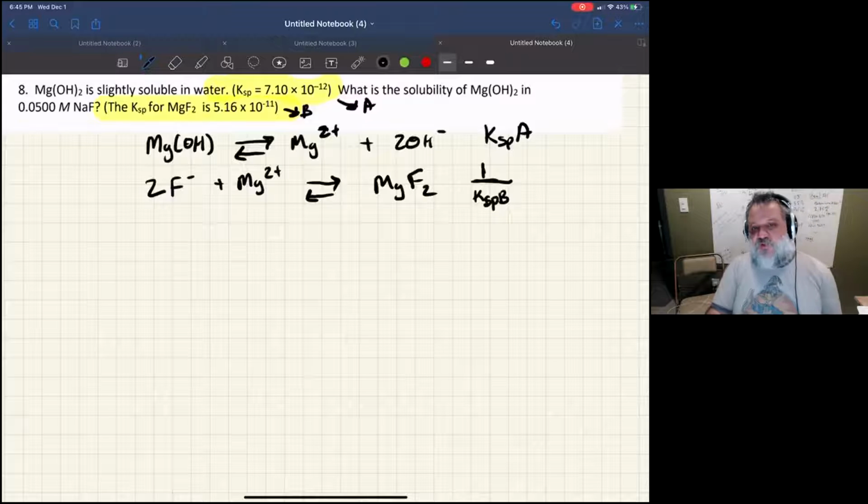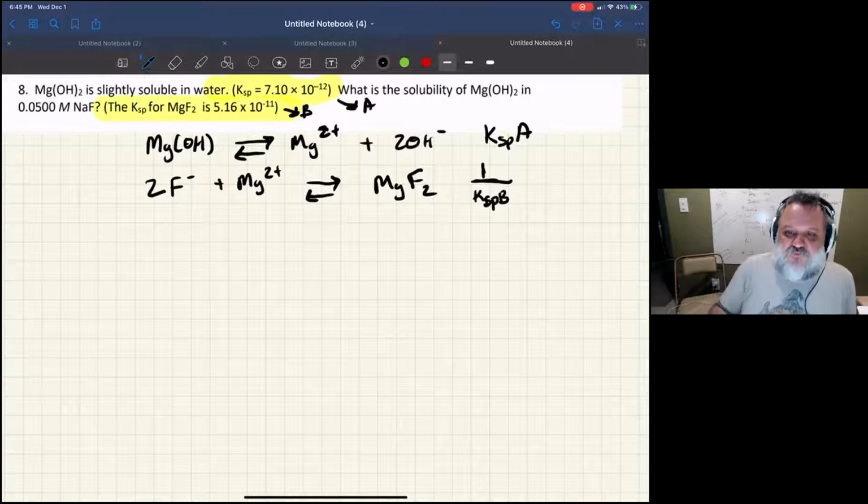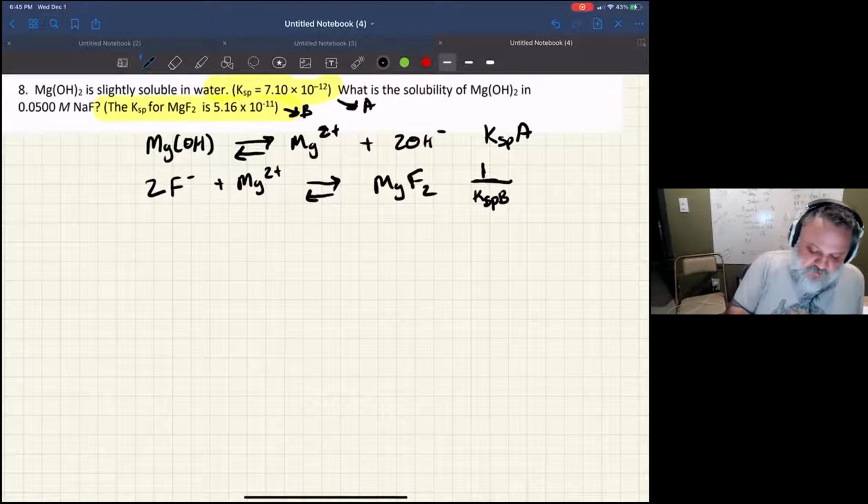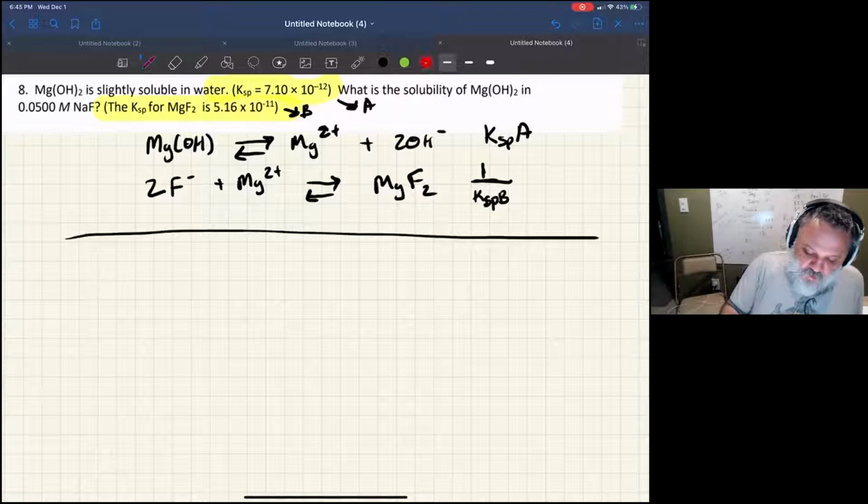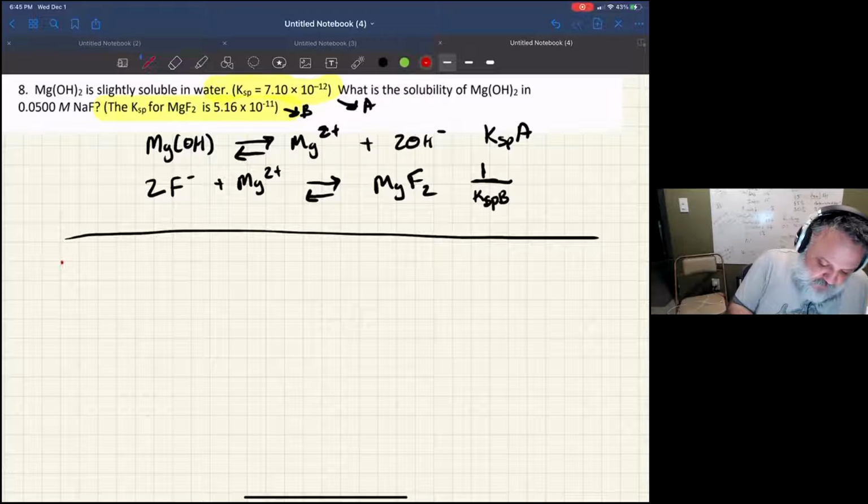Go ahead and write the equilibrium expression for the forward reaction and reverse reaction and convince yourself that that's true.